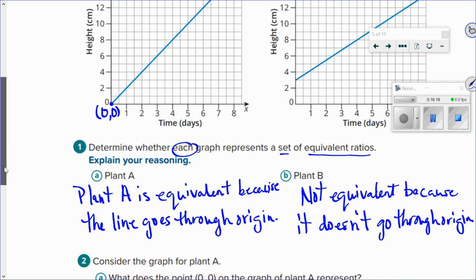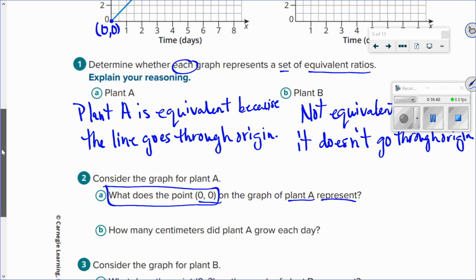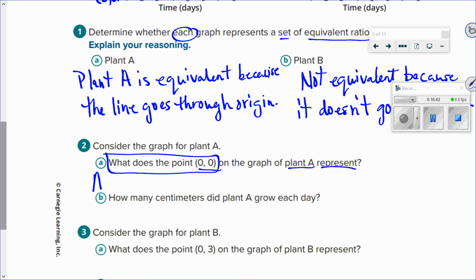Okay? Consider the graph for plant A. What does the point 0, 0 on the graph of plant A represent? What does that point represent? The origin. It is the origin, but in terms of the plant, what does it represent? Zero time and zero growth. Okay? So at the start, the plant had 0 growth.